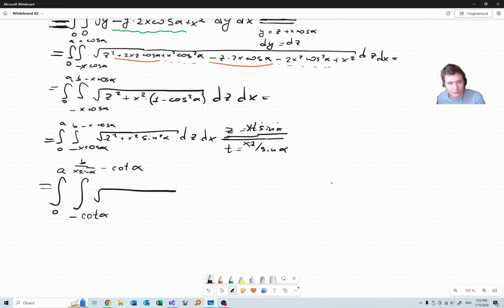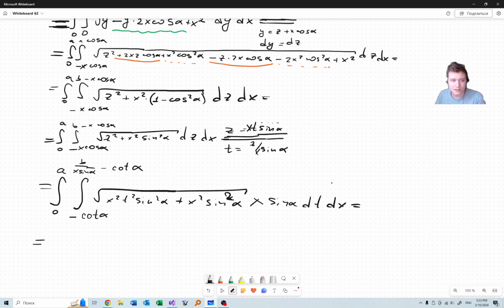Okay, here now we have x squared t squared sine squared alpha plus x squared sine squared alpha. Again, I was wrong, because it should be z over x. Yes. x sine alpha dt dx.